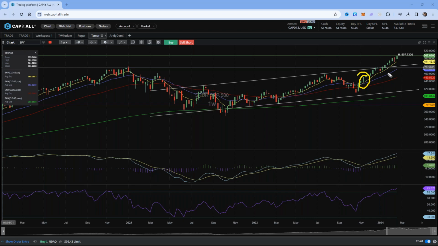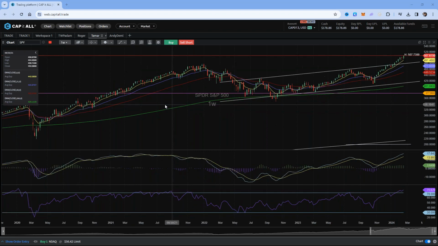Now, one of the things that I like to do is look for patterns. I like to see which moving averages have held in the past. You can see this blue one has been holding very nicely in the past, so I would really love for price to catch up with this blue moving average.